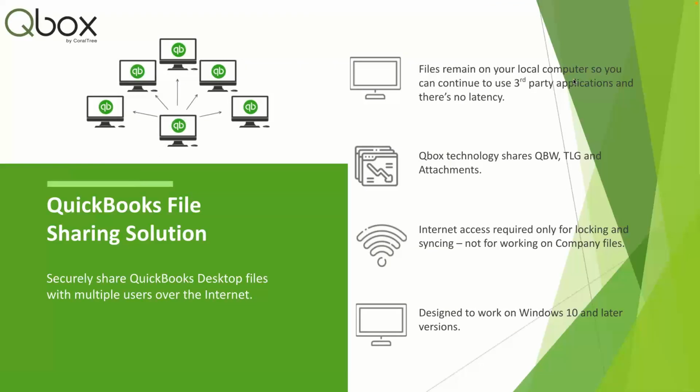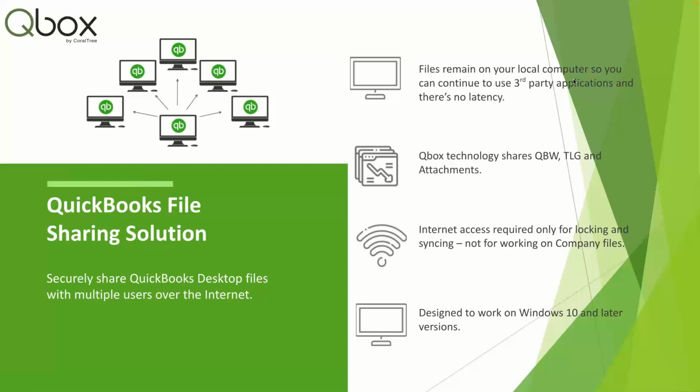QBox is, best way to describe it, like Dropbox or FileShare or Google Drive: one repository of QuickBooks files that allows multiple users from remote locations to access the same QuickBooks file.